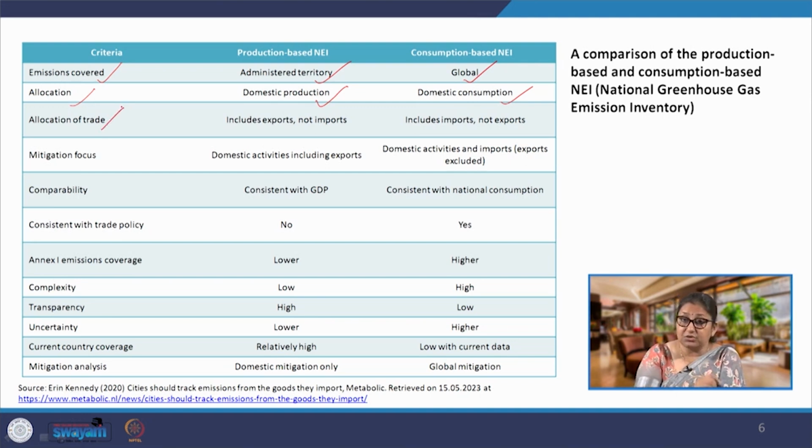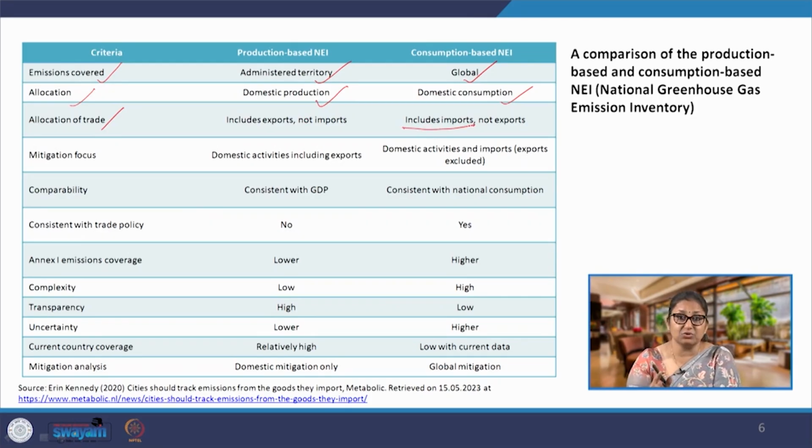When we are looking at trade, for production based we are looking at production alone including exports, but definitely not imports. So, we are looking at production which can be consumed internally and can be exported also. So, all of that is included, but in consumption based we are looking at imports and not exports.